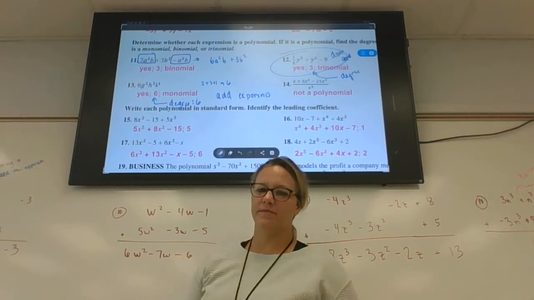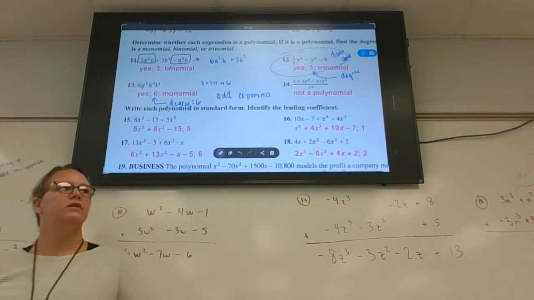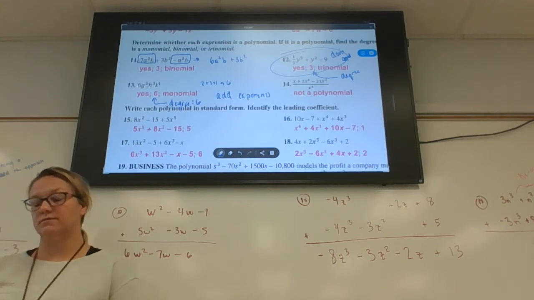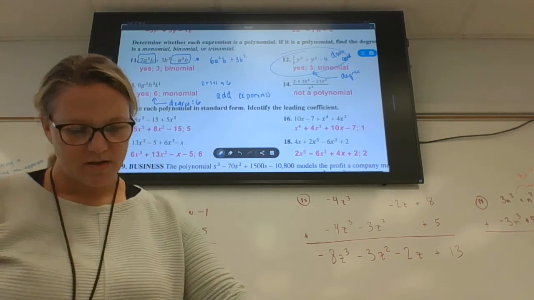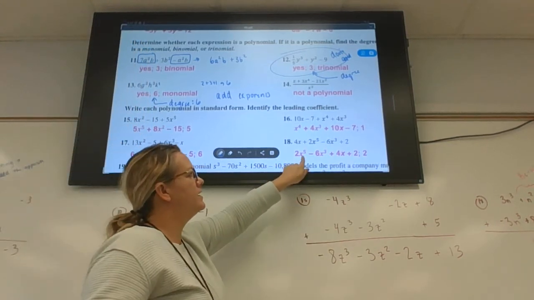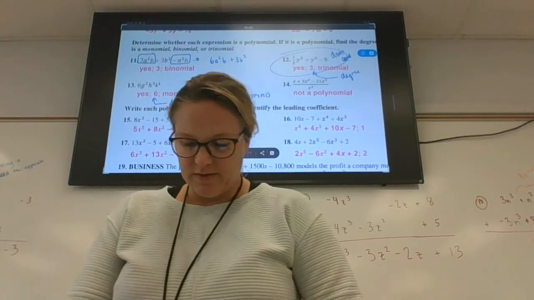That's been going on all along, and I haven't been able to really show you that until this one moment. So I hope you get it now. All right, and everybody's doing standard form, okay? Putting the highest exponent first, and then this number at the end would be the leading coefficient.